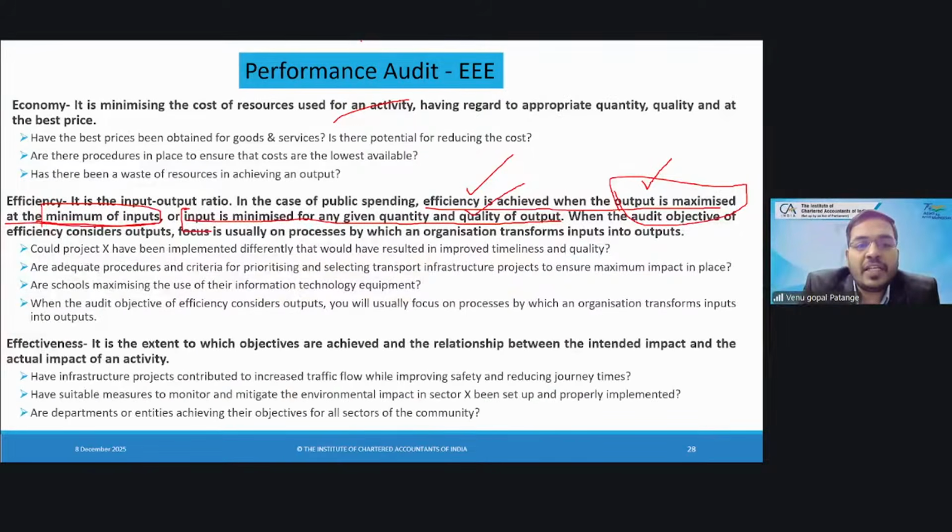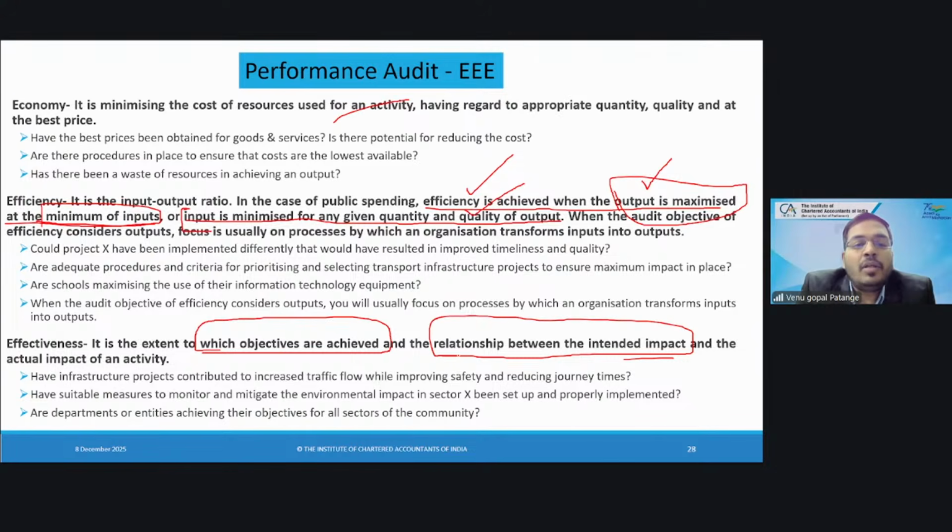Then you have finally effectiveness. So why do you spend that money? Which objectives are achieved in relationship to the intended impact? So you check the output. So let us say government is constructing roads, whether more traffic is controlled while improving safety and reducing journey times. So why are we spending more money on roads?